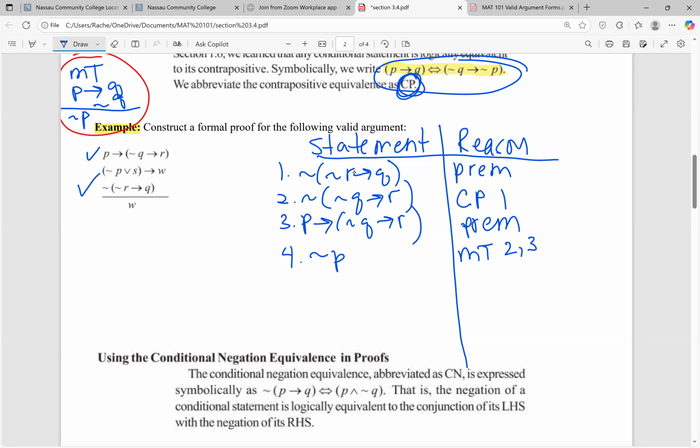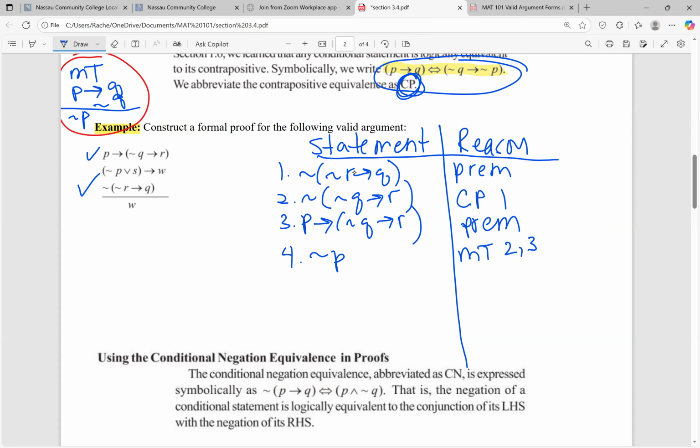So now we have one premise left to go, right? And we have to somehow arrive at W, which is my conclusion. And the right-hand side of that second premise is W. So I'm thinking modus ponens would be nice, because if I had the left-hand side to put together with that conditional, then the result would be W, right?